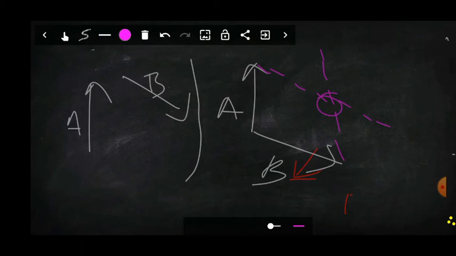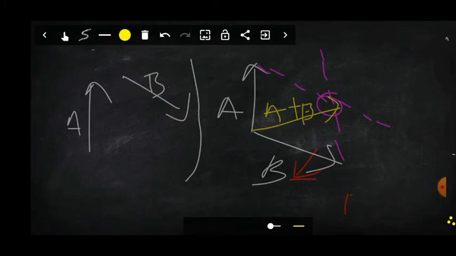Then join that intersecting point with the origin. This gives the resultant of vector A and B.